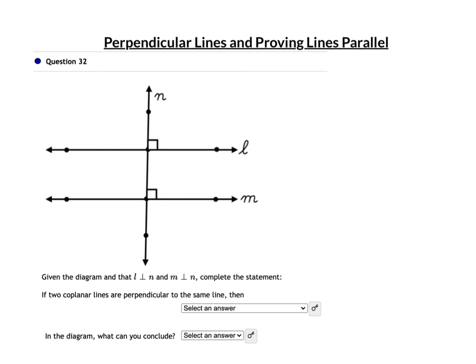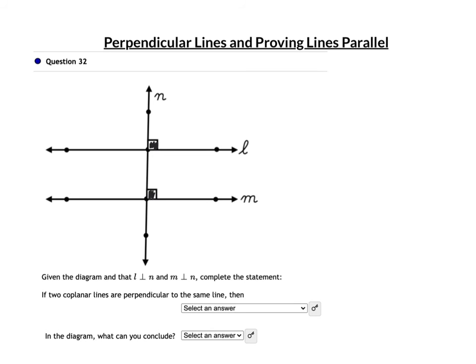The next few questions are different versions of the same question, but dealing with the perpendicular theorems. Given the diagram that L is perpendicular to N, and M is perpendicular to N, so I've got right angles, L and N are perpendicular, M and N are perpendicular. Complete the statement.